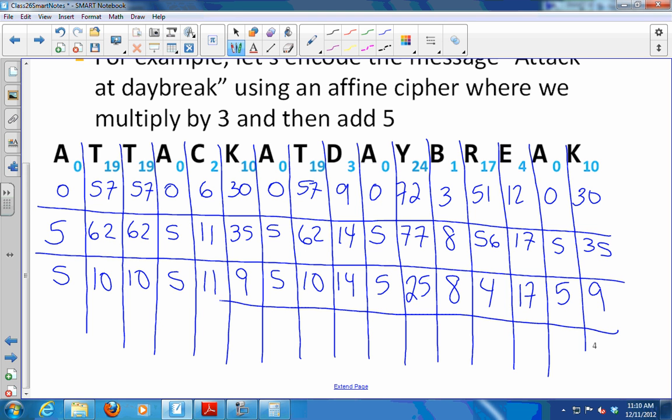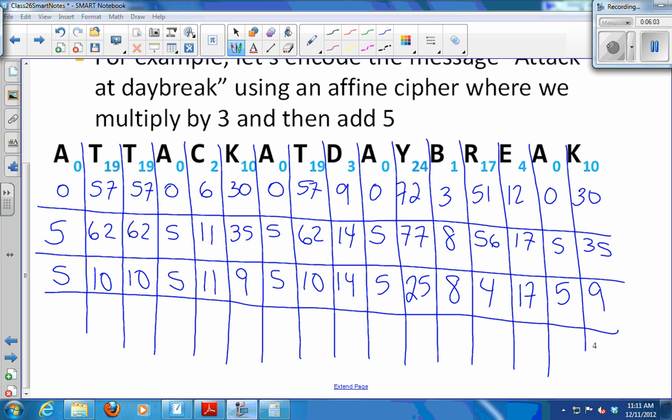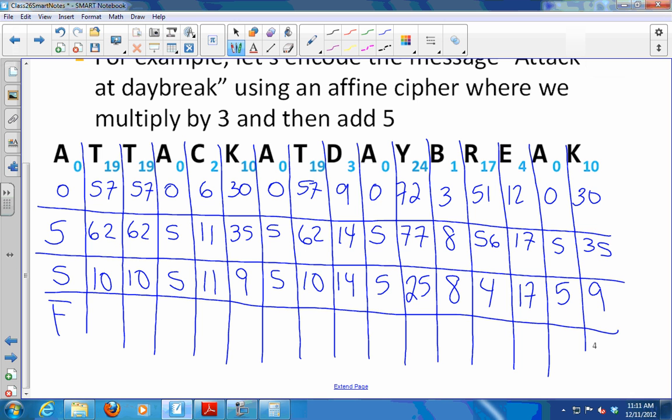Finally, the last thing I do is change these back to letters. So it's handy to have the alphabet written out with letters next to it. Okay, so 5, A is 0, so we go B, C, D, E, F is the letter 5, number 5.